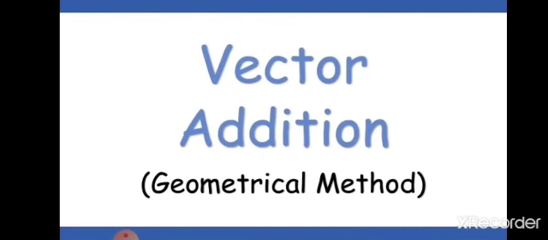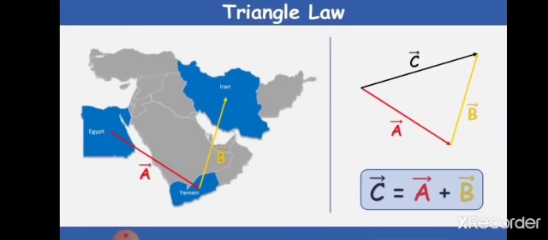Now let us study vector addition, the geometrical method. How can we add vectors? We cannot add vectors directly, the way we add two numbers, 2 plus 3 is equal to 5, isn't it? To add vectors we have to follow some rules.